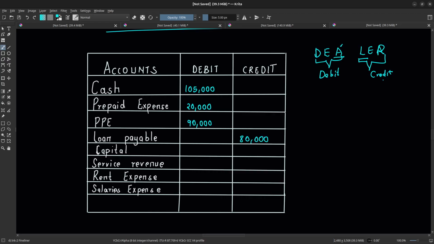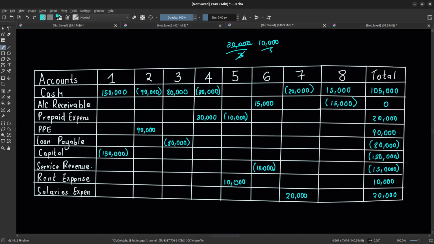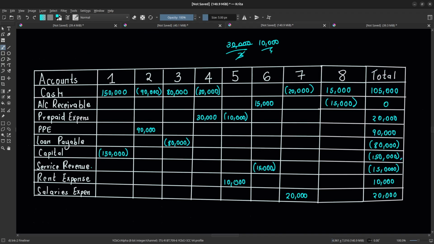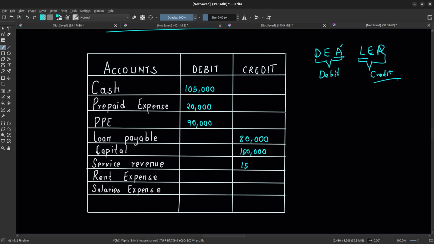Then we have capital with a balance of 150,000, and capital is basically an equity account and is on the credit side. Then we have service revenue as well, 15,000, which you can see revenue is also on the credit side.